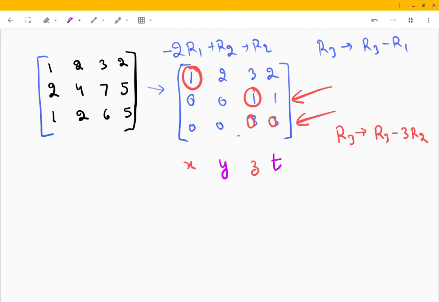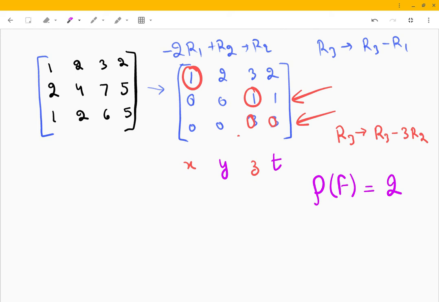Okay? What does that imply? What is the rank of this matrix? The rank of F is 2. Now look. Let's understand this. So rank of F is 2.